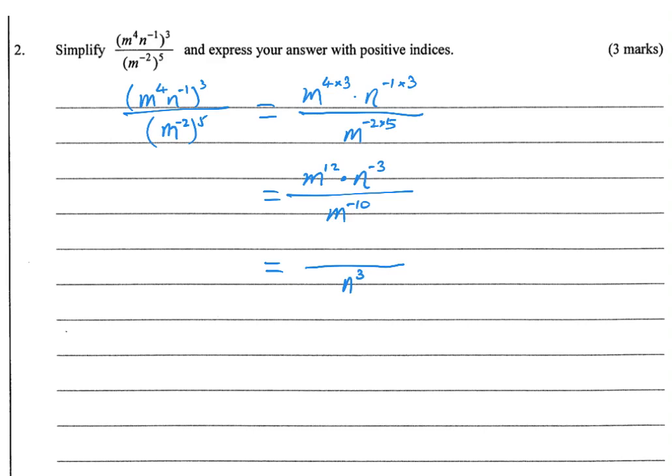And originally in the denominator you have m to the power negative 10. You can move it up, so it becomes m to the power 12 times m to the power positive 10. So you can combine the same base, m to the power 12 plus 10 over n to the power 3, which is m to the power 22 over n to the power 3.